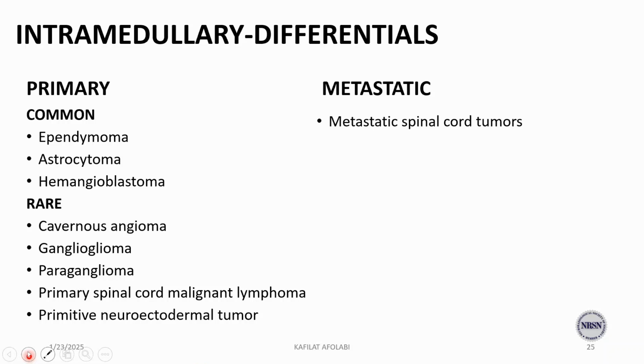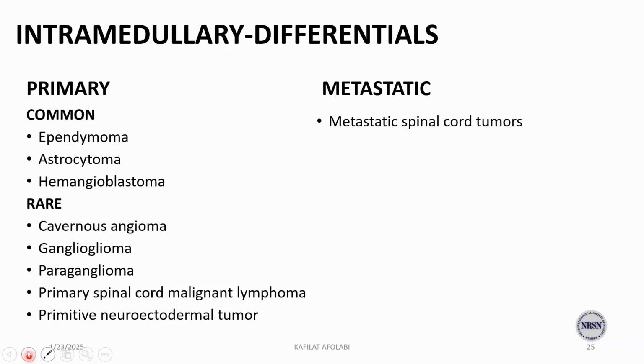So the next group I'm going to talk about are the intramedullary lesions, which are lesions within the substance of the cord itself. This particular group has a wider and more heterogeneous group of differentials, as demyelinating disorders, inflammatory and infective conditions also affect the cord itself, in which case there will be an intramedullary lesion as well.